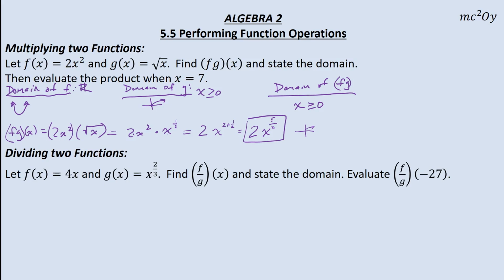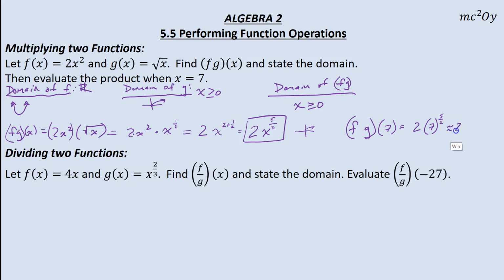What else? We've got to find fg of 7. That means 2 times 7 to the 5 halves power, which I'm going to use a calculator on. Let's round to the nearest tenth.